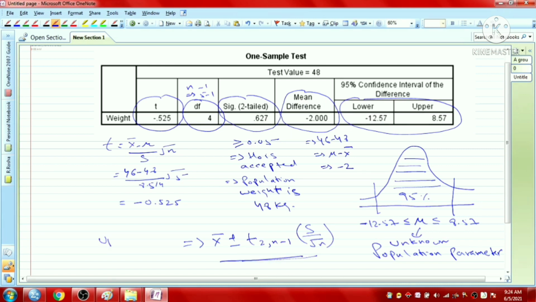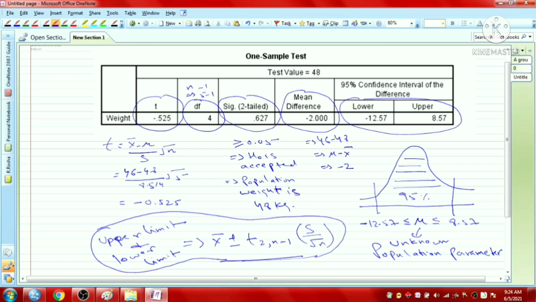So this is the formulation by SPSS software. So finally, we accept the null hypothesis as our p-value is greater than 0.05 at 5% significance level in the two-tailed test.